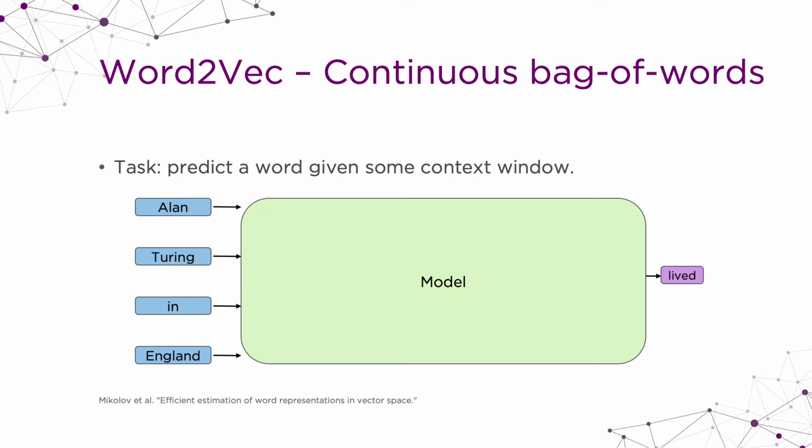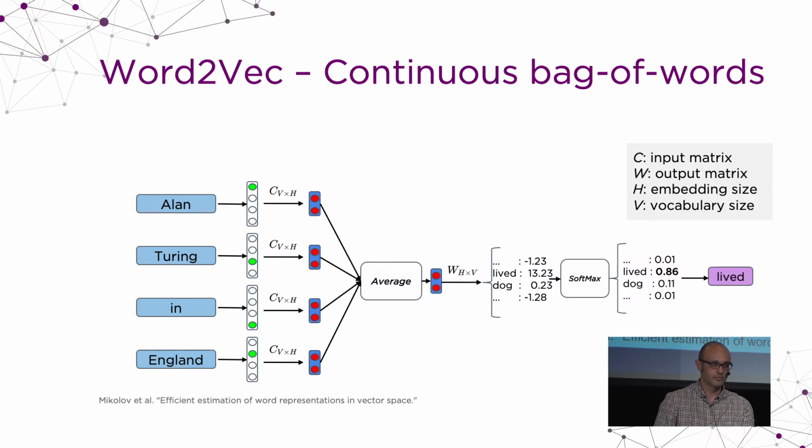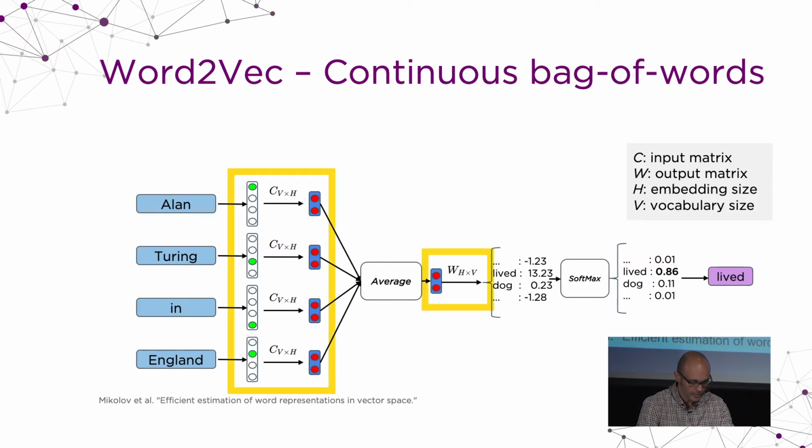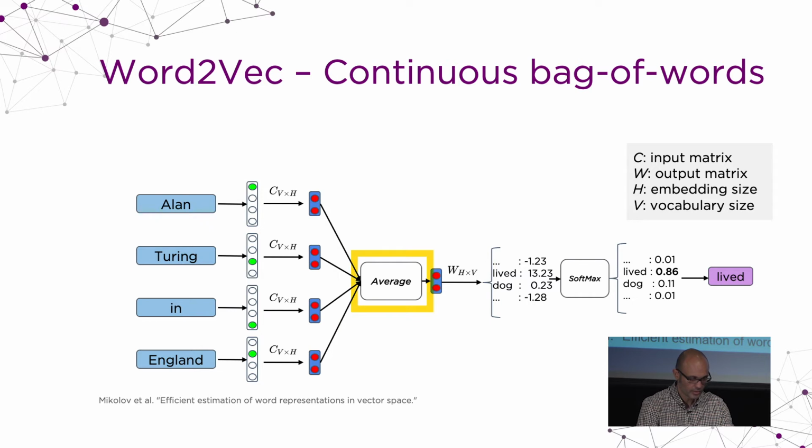And the model is actually very simple. It's all here. We really have just 2 matrix multiplications and one average in the middle, so it's an extremely simple model.